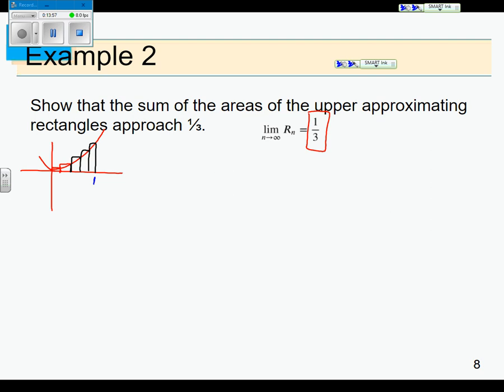That means the width of each one, if n is going to approach infinity, and n is the number of rectangles that I have, the width of this first one is going to be 1 over n. And the width of the second one, where the second one meets is going to be 2 over n.